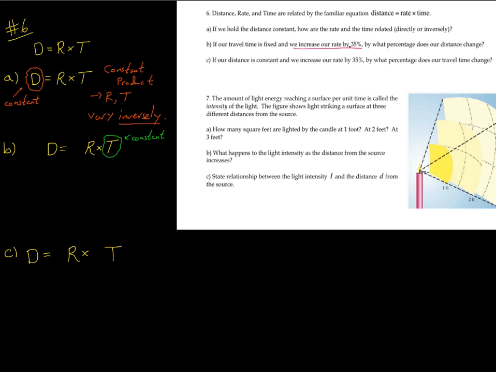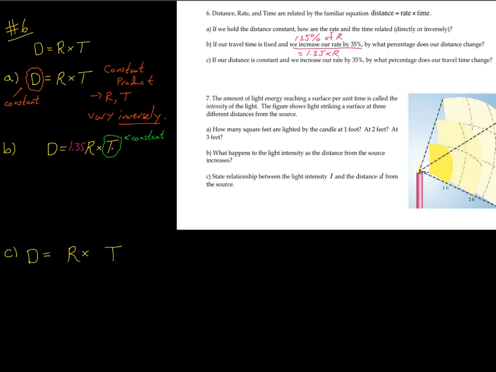Here, if we're going to increase our rate by 35%, okay, we're going to take 100% of R, and then we're going to tack on 35% of R. So in other words, we're going to take 135% of R, which of course translates to 1.35 times R. Okay, so over here, I'm going to multiply the R by 1.35. That's going to increase the original rate by 35%.